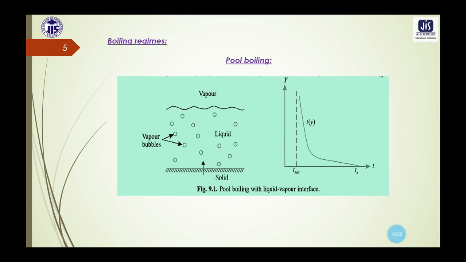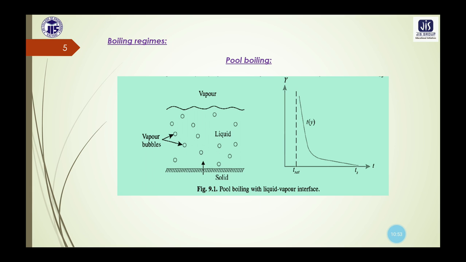Now, due to the involvement of a large number of variables, general equations describing the boiling process are actually not available. In this diagram of pool boiling, we can see there are two different diagrams.